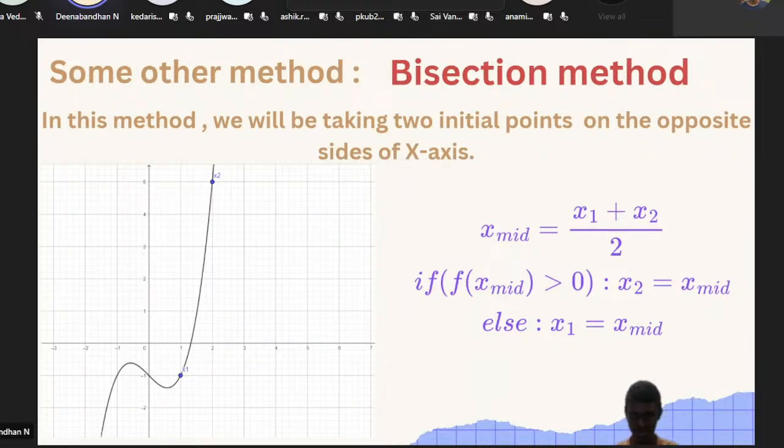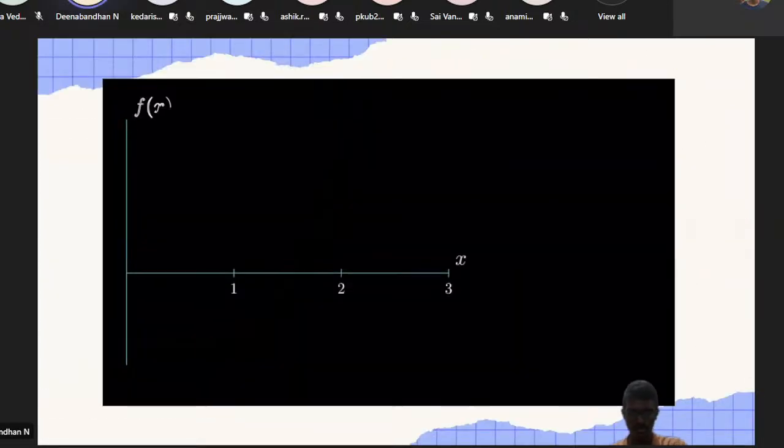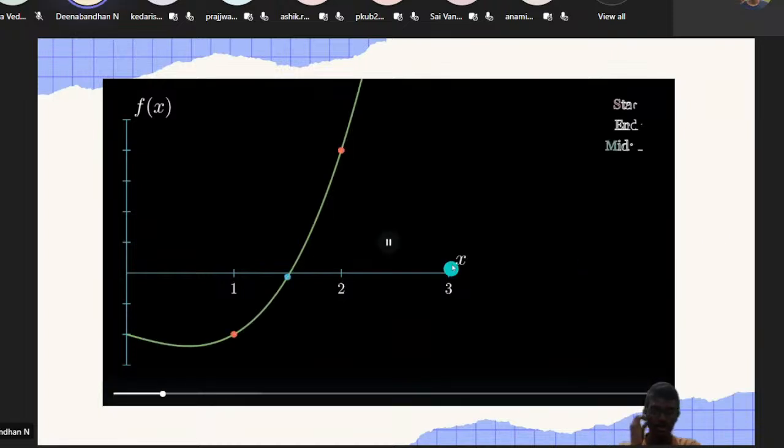You have achieved the solution, so you can stop at that point, right? Remember the motto, we need to find the solution. Most of the time it will be some higher decimal point, so this is the general algorithm, but if f of x mid becomes 0, you can just stop the algorithm at once.